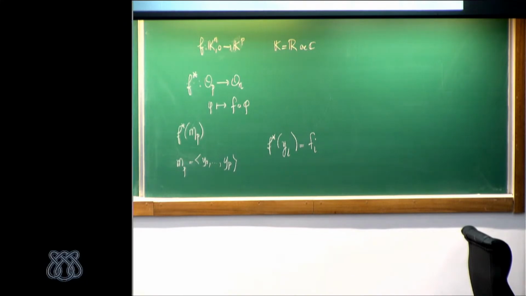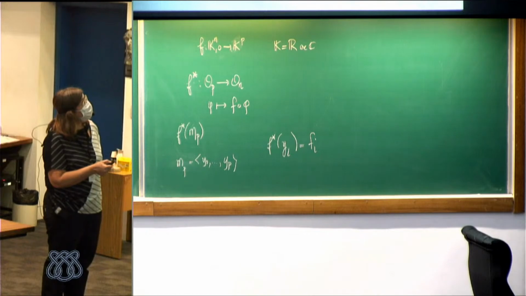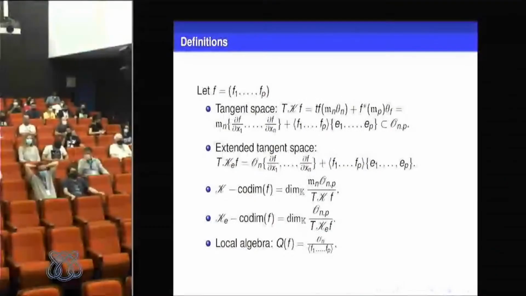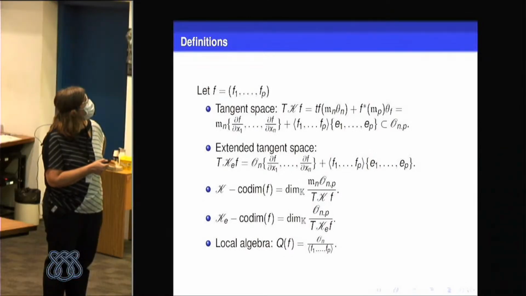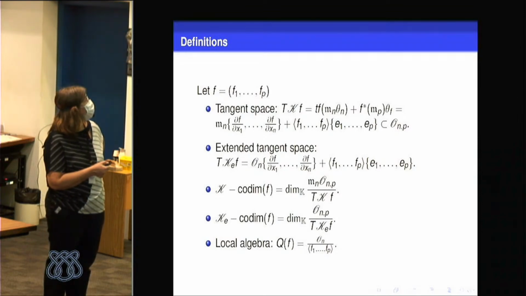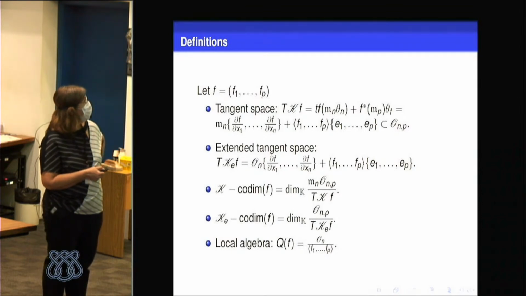And here also, e1 to ep, I mean the basis of O_n^p. And here is the extended tangent space. Okay? And also, this is what Bruna has defined, the K codimension and the K_e codimension.